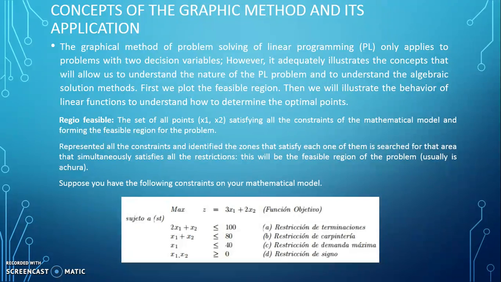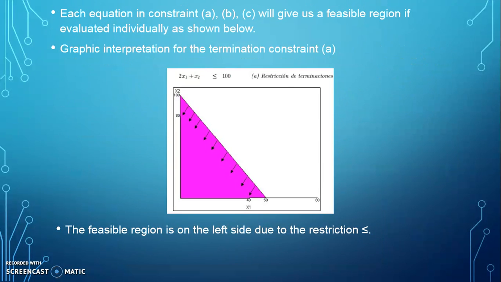Feasible region: the set of all points (x1, x2) satisfying all the constraints of the mathematical model and forming the feasible region for the problem. Each equation in constraints A, B, C will give us a feasible region if evaluated individually, as shown below.